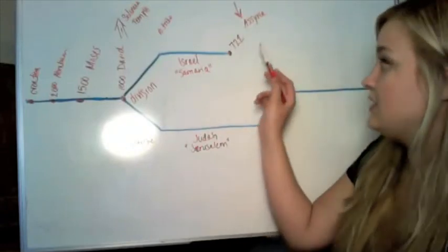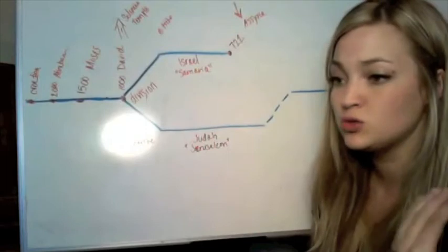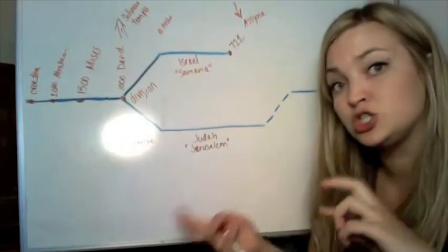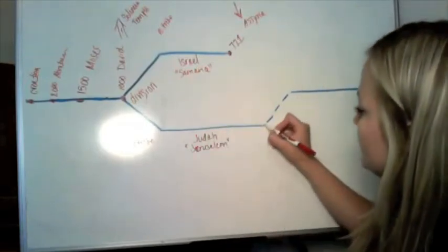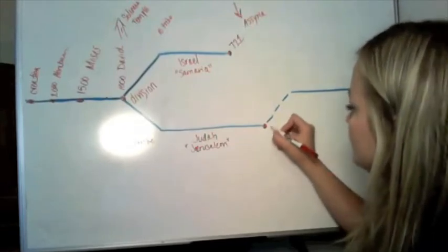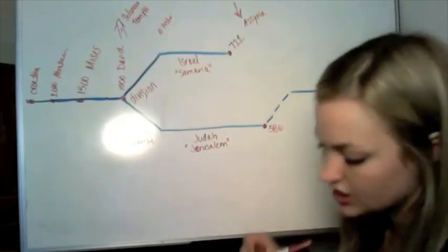So basically, all of them are destroyed. The surviving Jews, though, end up interbreeding with the Assyrians, and they become like half-breed Jews called Samaritans. So, 722. The next date you're going to want to write down is down at the bottom of this line, and that is 586. Make sure I have that right.